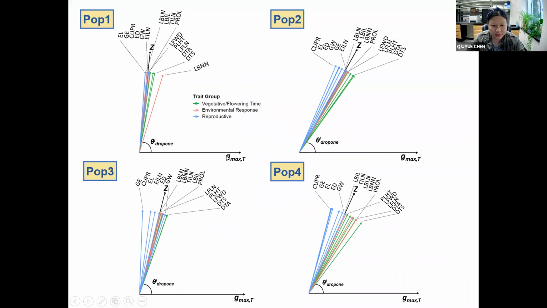Again, we also analyzed each individual population pair, with only one exception in POP1, this natural branch node number trait. Otherwise, generally, they are consistent with the combined 4 populations: flowering time constrained evolution while reproductive traits assisted evolution.